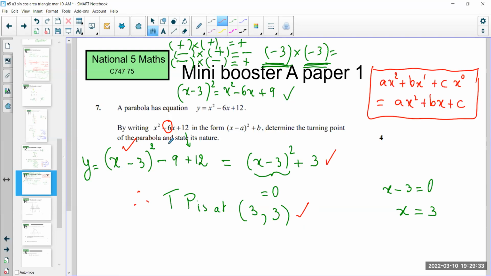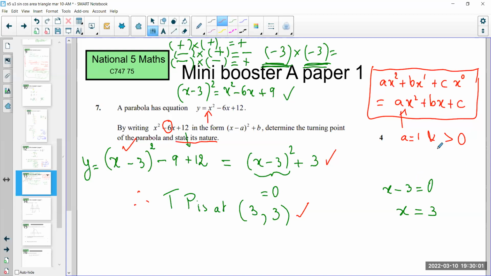Now, the last question, state its nature. To find the nature, you look at the x squared here. Have you got a positive number or a negative number before x squared? Positive. Yeah, so a, in this case, a equals 1 and is positive.